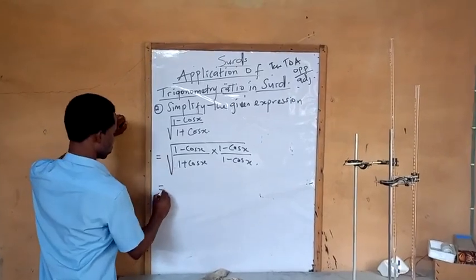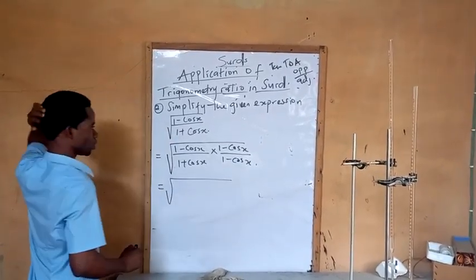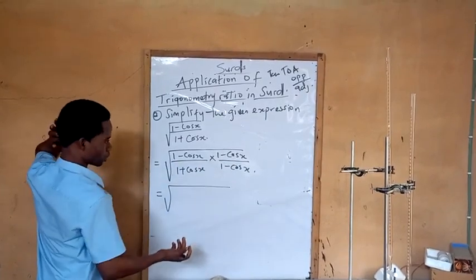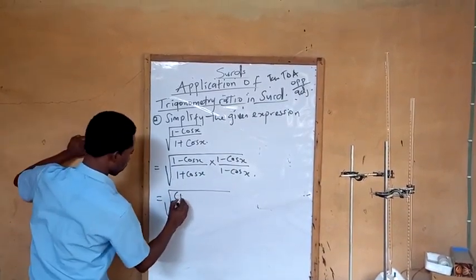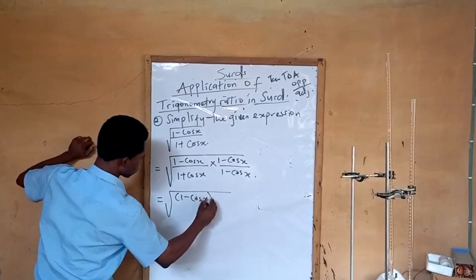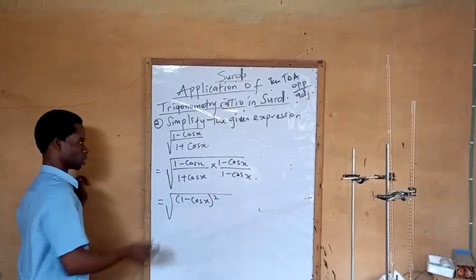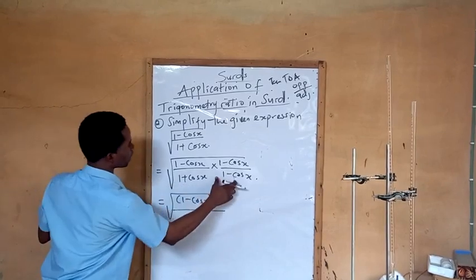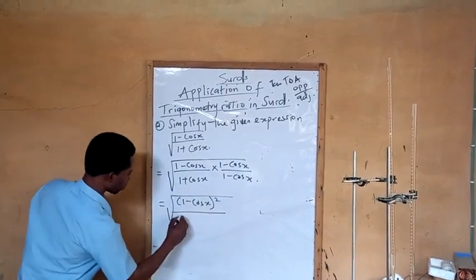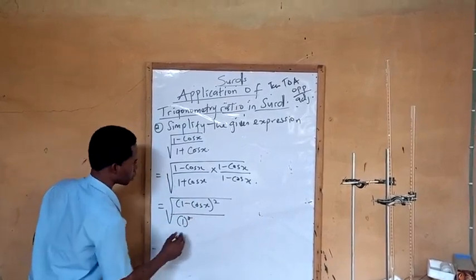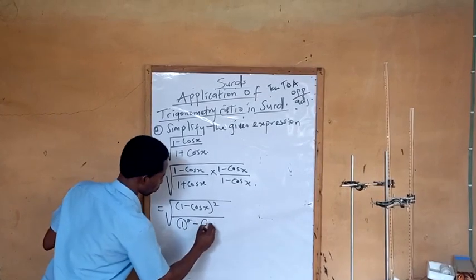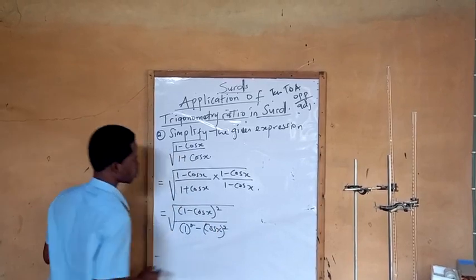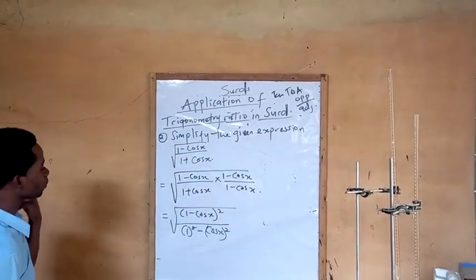After that, you have 1 minus cos x and 1 minus cos x, they are the same thing. So it's going to give you 1 minus cos x squared, all over, can you see that this guy and this guy are the same thing? Like what I told you, become 1 squared minus cos x squared, like what I said the other time.